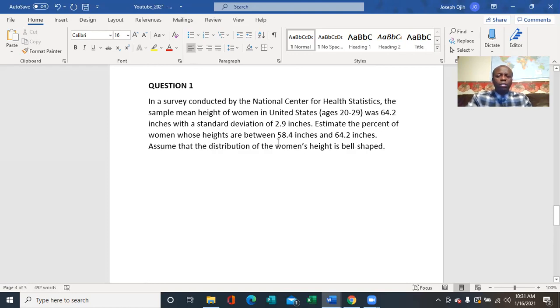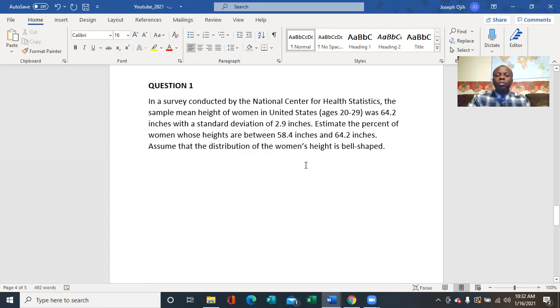And the standard deviation is 2.9 inches. Estimate the percent of women whose heights are between 58.4 inches and 64.2 inches. So estimate the percentage of women.